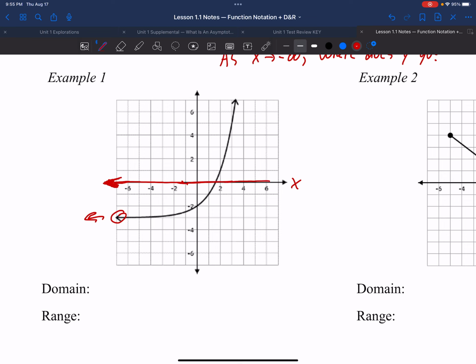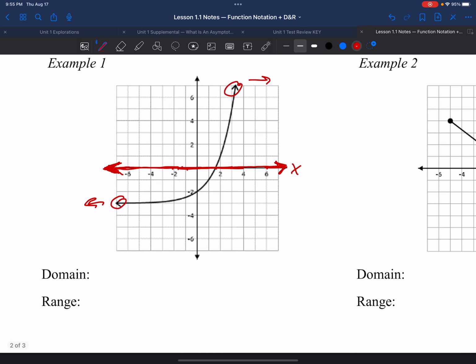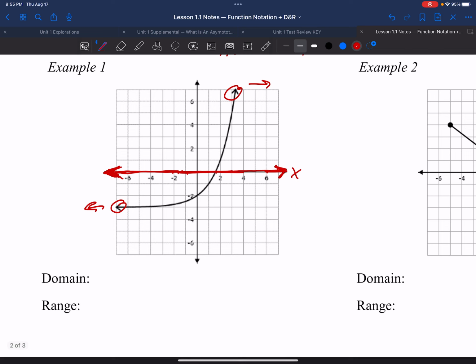It's still defined. This arrow implies it's still going to the right. And so it's still defined. It goes on and on and on like this. Essentially, you have shaded in the entire number line. So what's that interval? I'm going to do interval notation, negative infinity to positive infinity. That's the domain.